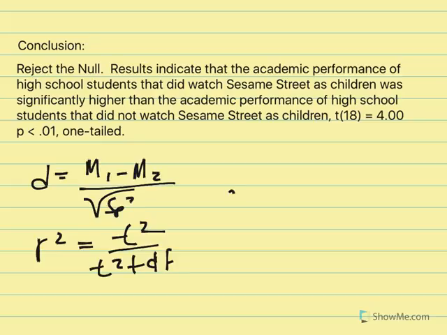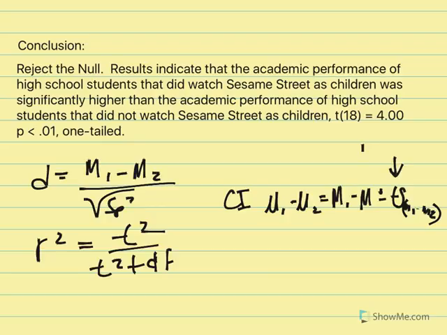And then our confidence interval equation: the mean difference is what we're calculating, and it is equal to the sample mean difference plus or minus our t-value from our table, coming from the percentage of confidence that we're implementing, multiplied by the estimated standard error of the mean difference.